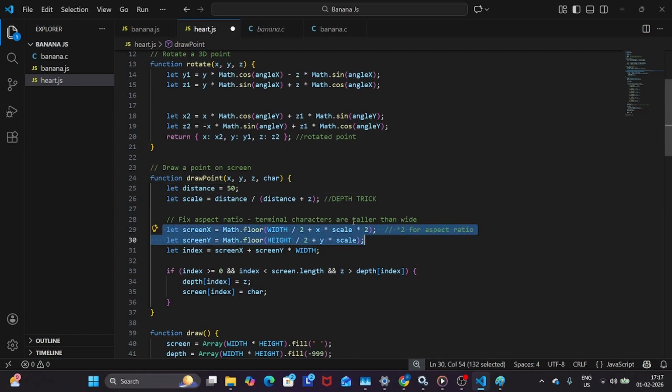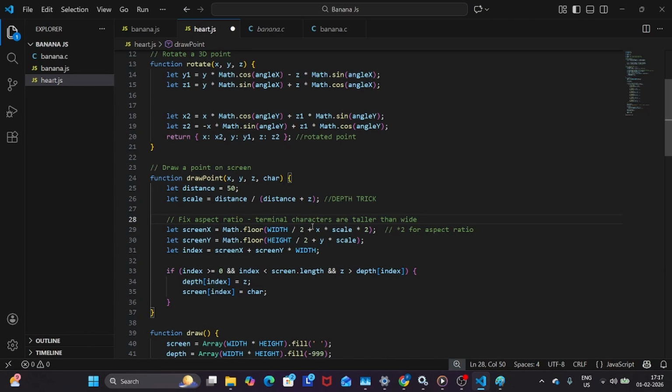Okay, we convert 3D x, y into 2D screen positions. So width divided by 2 creates a center horizontally, and height divided by 2 will center vertically.